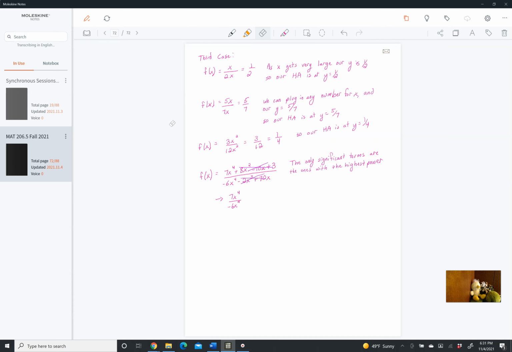So that's why I use the arrow instead of the equal sign. And we know that this is 7 over negative 6 because the x to the fourth goes away. So our horizontal asymptote is that y equals negative 7 over 6.